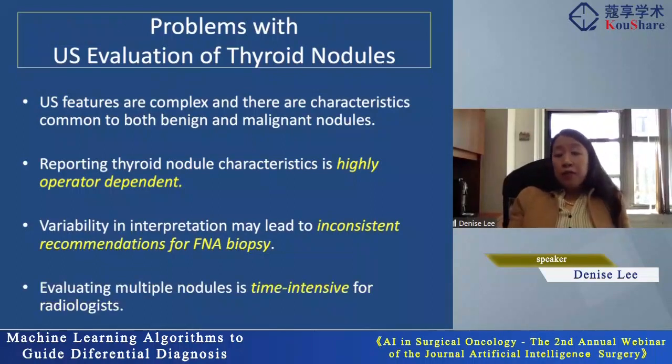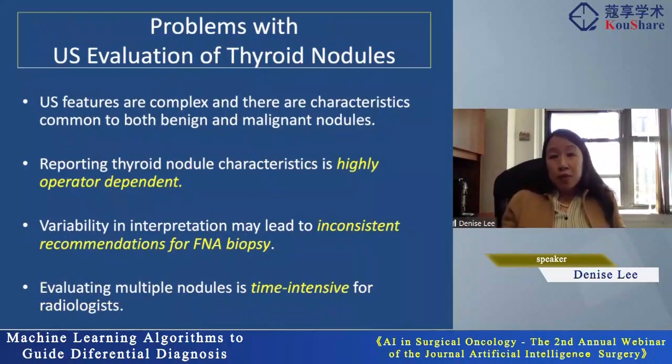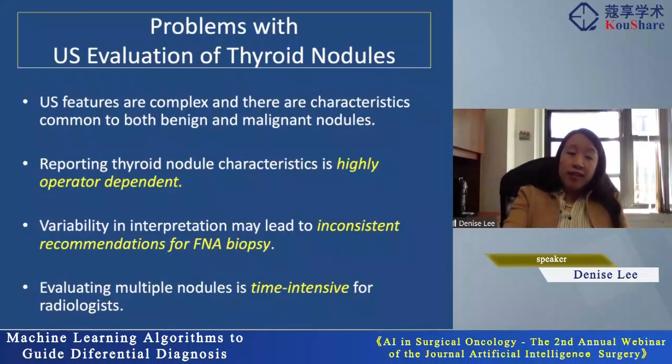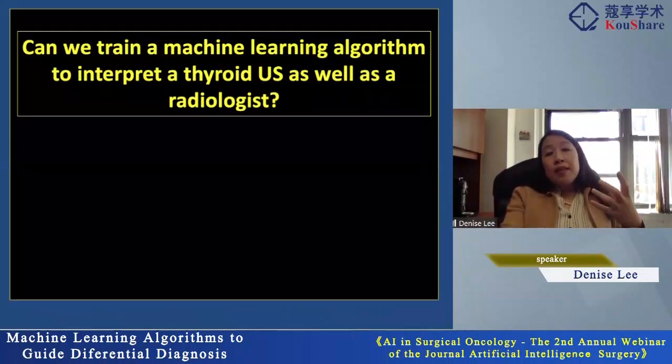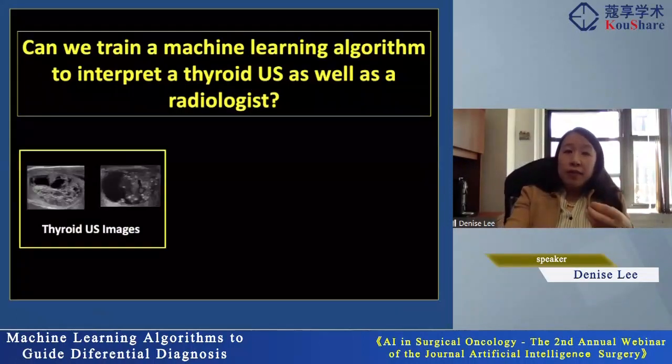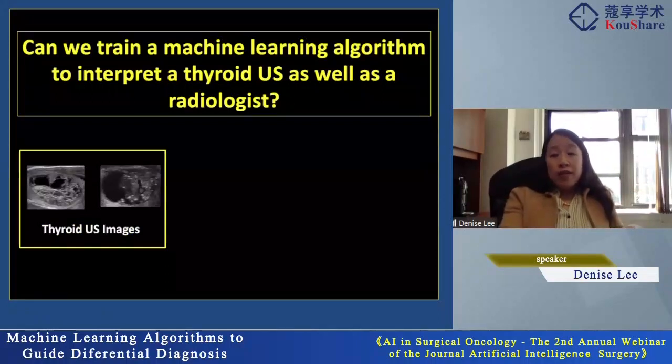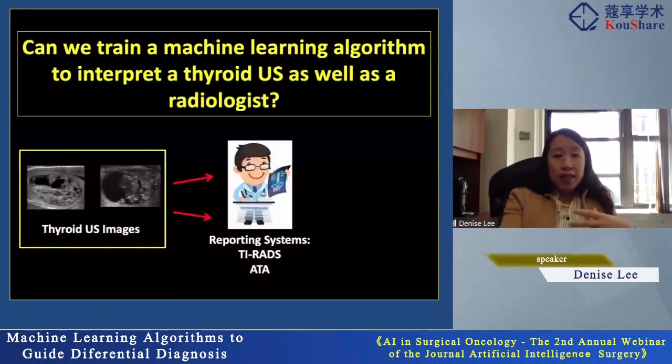And as we also know, many patients have multiple nodules, and it's very time intensive for radiologists to be reviewing all these nodules and characterizing them. So there are also hopefully ways to augment their workflow. So the premise is largely, can we train these machine learning algorithms to be able to interpret ultrasounds as well as a radiologist? So we think about all these ultrasound images.